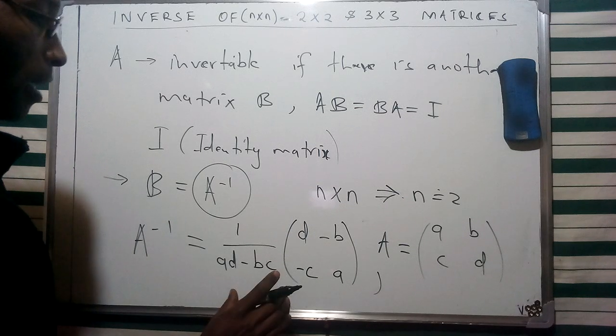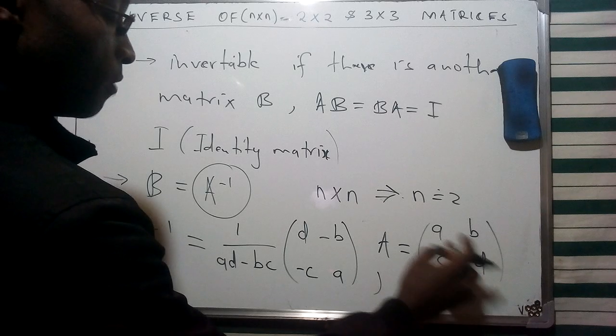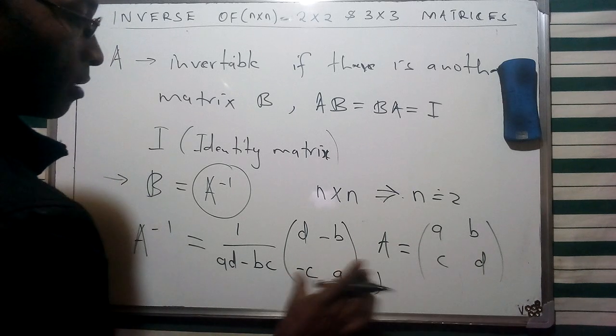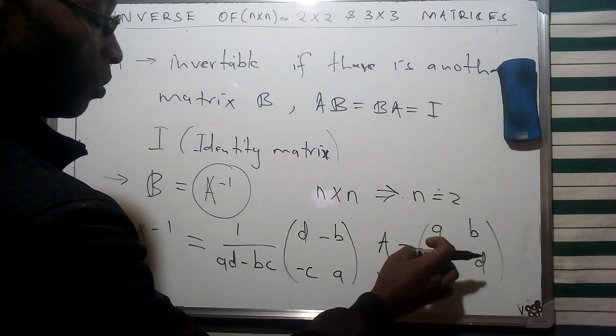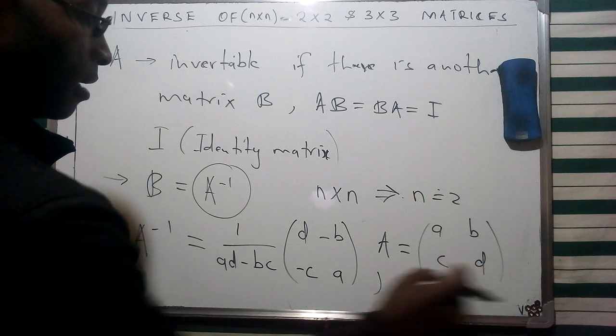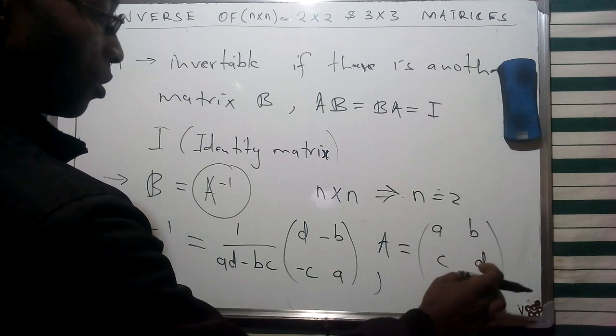And then this is multiplied with the matrix in which the elements are interchanged to take each other's position. So A is going to take the position of D, and D is going to take the position of A.